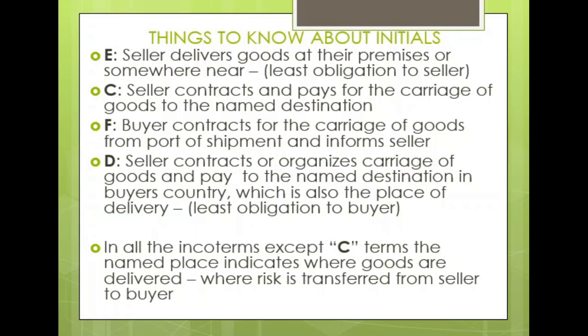F group, the buyer contracts for the carriage of goods from the port of shipment and informs the seller. D, the seller contracts or organizes carriage of goods and pays to the named destination in the buyer's country, which is also the place of delivery. This is the least obligation to the buyer.